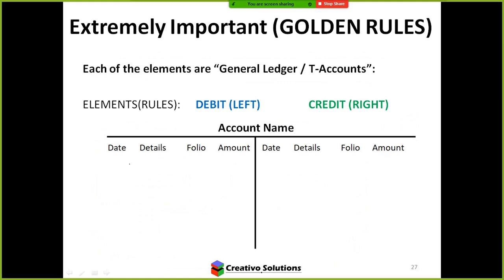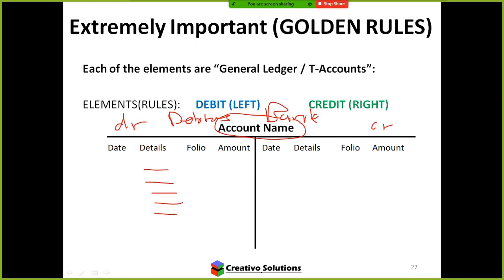Okay, this you should know. A general ledger has a debit side and a credit side. Yes. Okay, when you're looking at a general ledger, you have to reference other accounts. So if this account is bank, you don't write bank in bank. Or if this account is debtors, you don't write debtors in debtors, right? Okay, you reference the contra account.